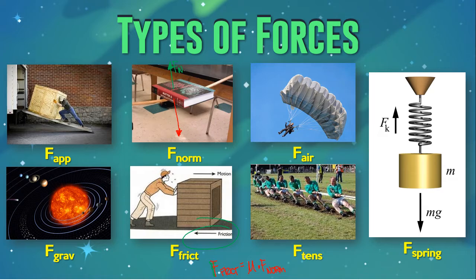So, what does it mean? Mu, or the coefficient of friction, simply means gaano kagaspang yung isang bagay. And F normal, this one here, is how much this surface opposes the weight of the object.